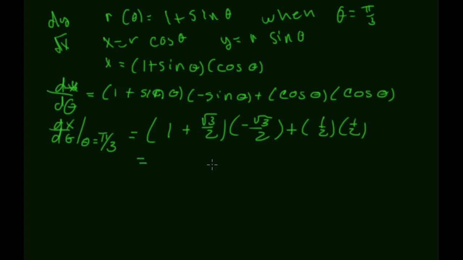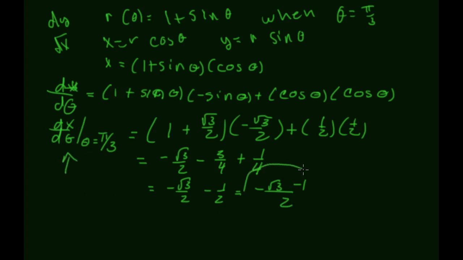So 1 plus root 3 over 2 times negative root 3 over 2: this times this is negative root 3 over 2, and this times this is 3/4, minus 3/4. Then plus a half times a half is a fourth. So this is negative root 3 over 2 minus a half, which is negative root 3 minus 1 over 2. So this is dx d theta.